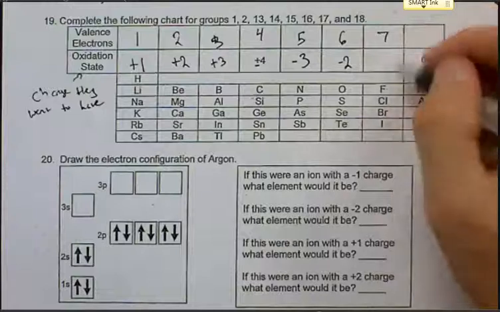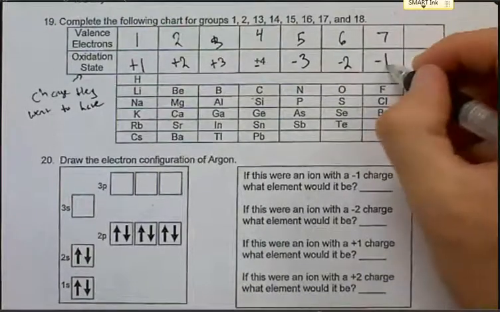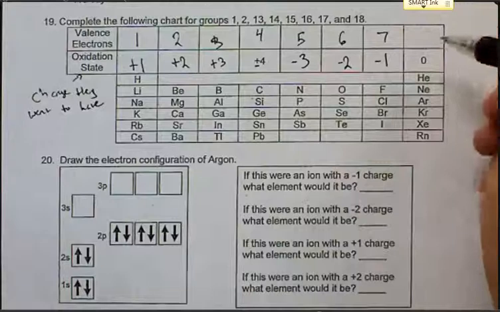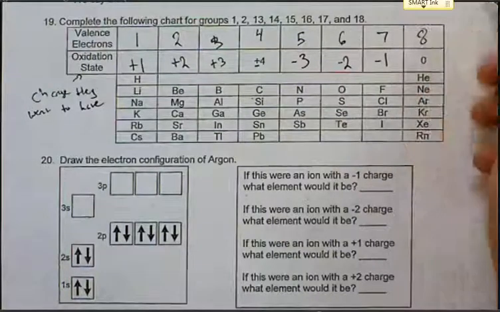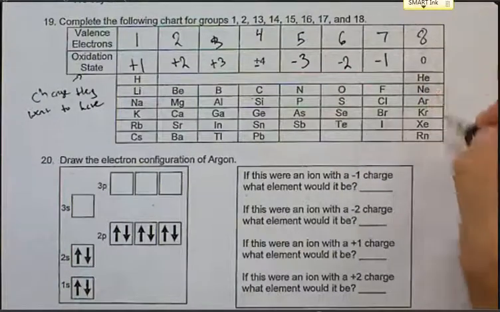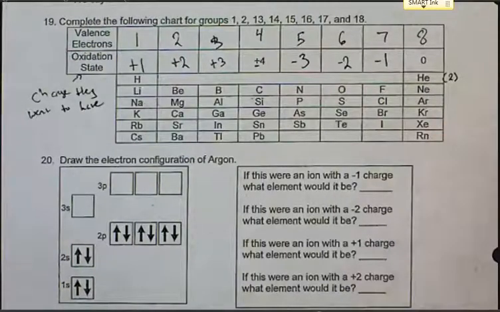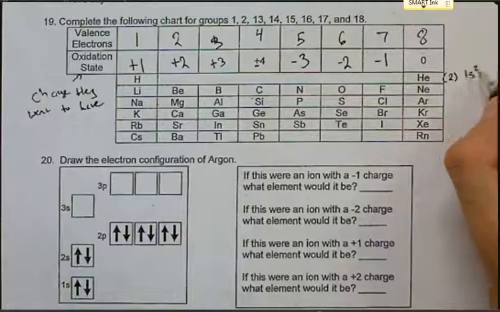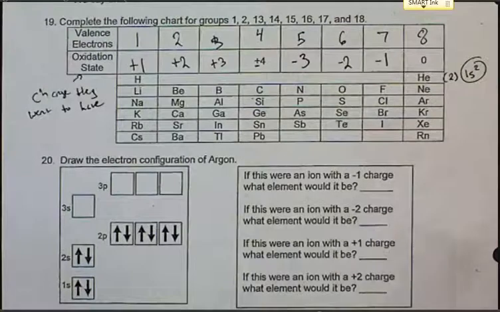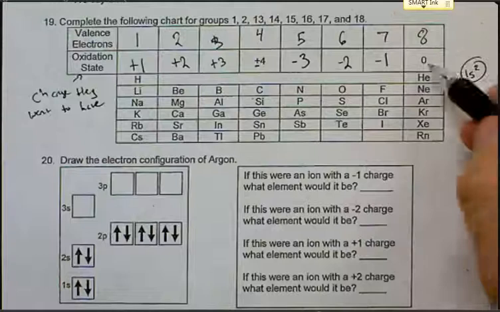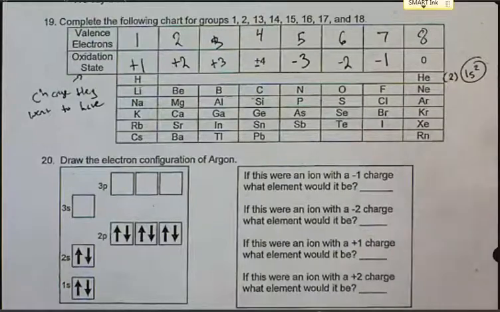The halogens over here have 7 valence electrons, and once they've reacted, they're probably going to have a charge of -1. The noble gases are going to have 8 valence electrons, with the exception of helium. It's only got 2, but that's because the first energy level is full, and it's happy with that. They're all going to have 0 charges because they don't react.